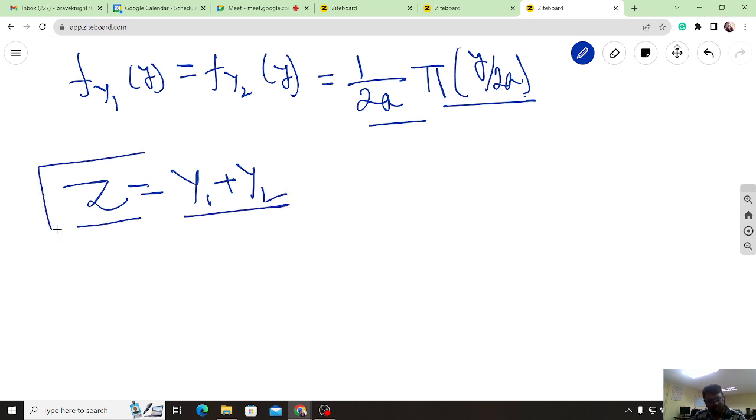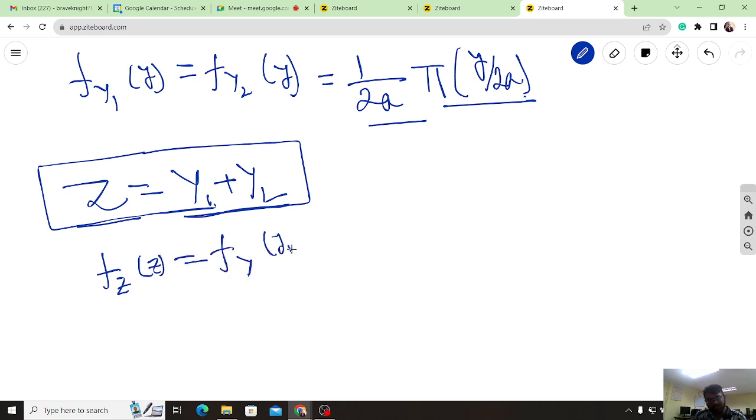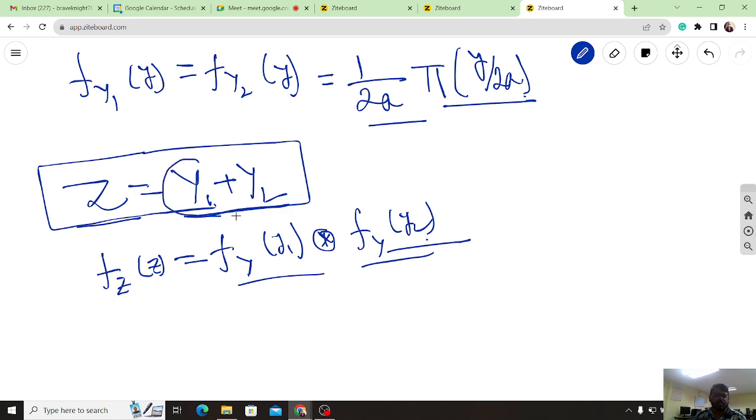If this is the rule, we know the probability density function is the convolution of f of y1 and f of y2. So basically if I am doing the summation here, it is actually the convolution between these two PDFs.